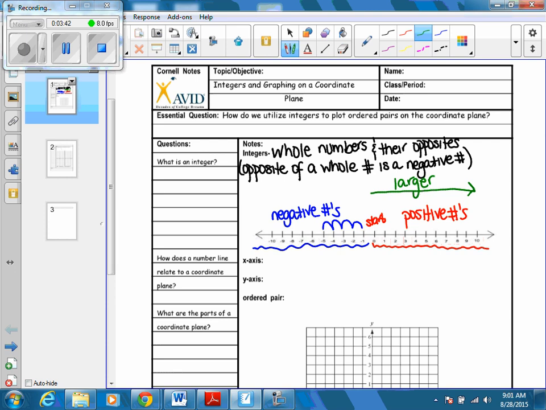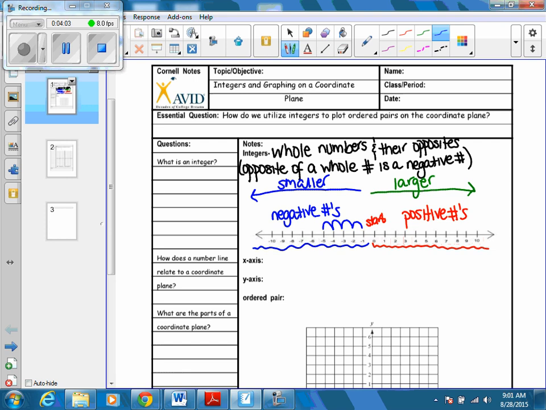If I start at 0 and move to the left, my numbers are getting smaller.